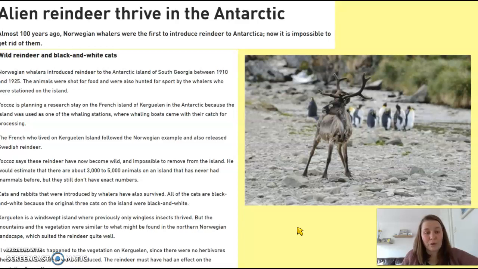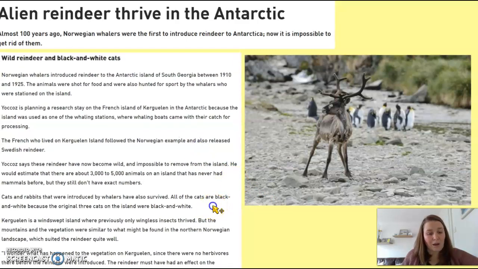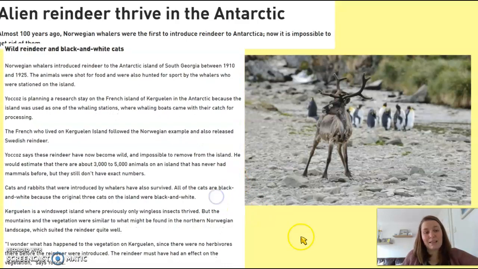The animals were shot for food and also hunted for sport by the whalers who were stationed on the island. So now, at the time of this article being written, they're planning a research stay to have a look at the reindeer. They're now wild and they can't be removed.